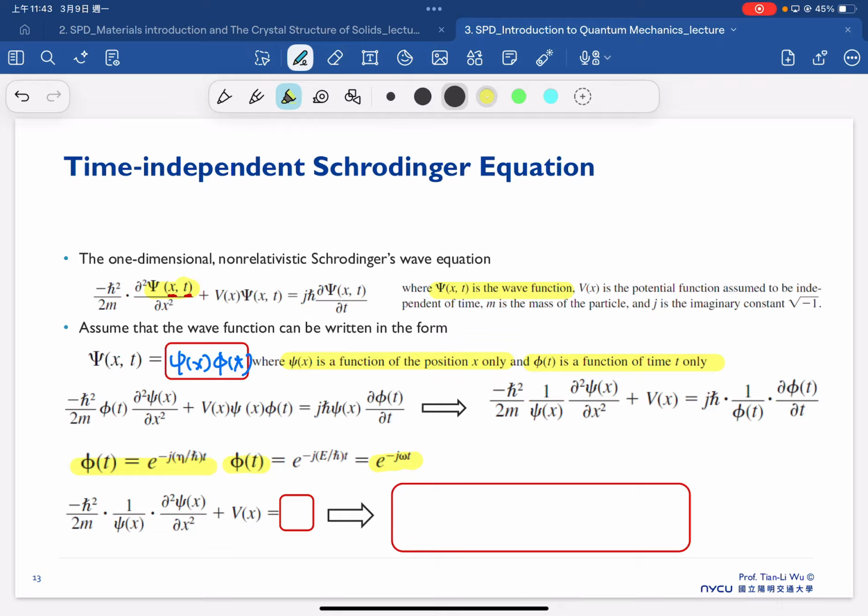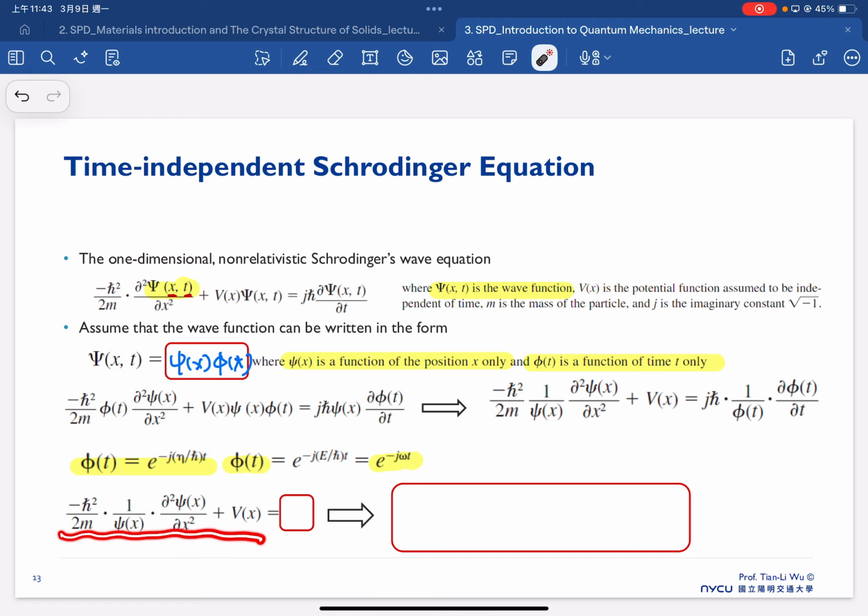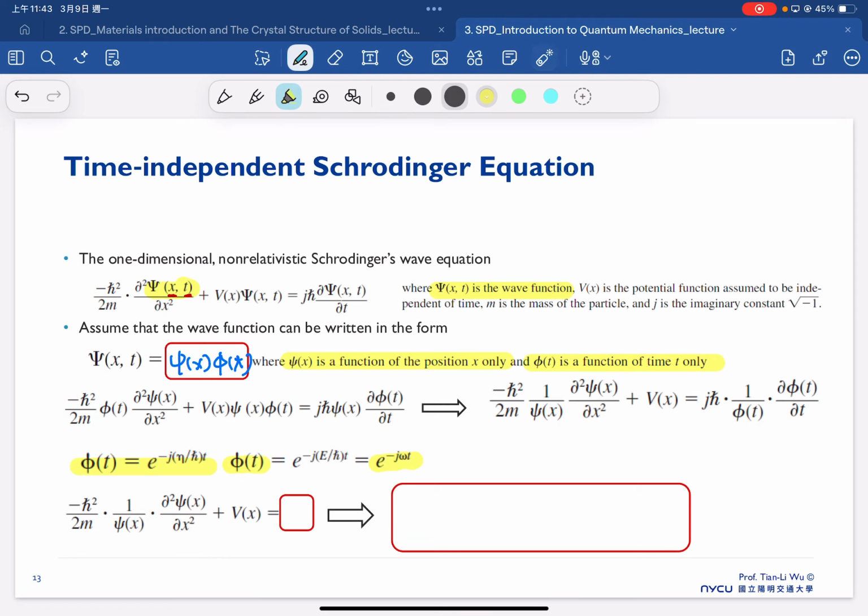We put this phi(t) in the wave equation, and in the end we get E. Finally, we can simplify the wave equation that depended on two parameters.